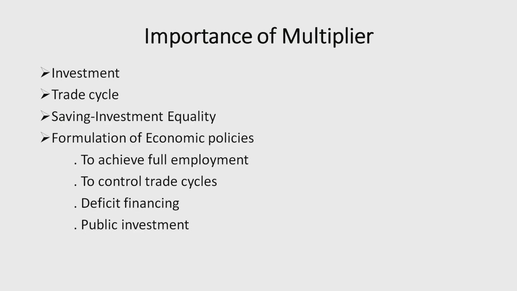Moreover, economic activity cannot be left to the vagaries and uncertainties of private enterprise. Here, the importance of multiplier in public investment lies in creating or controlling income and employment. The state can have the greatest multiplier effect on income and employment by increasing public investment during times of depression, while MPC is high.